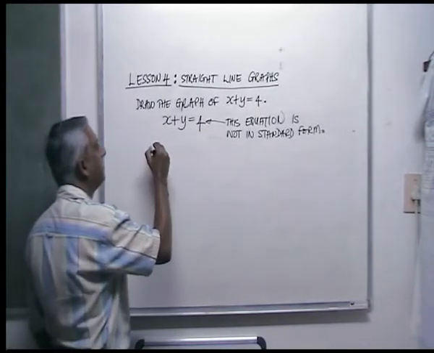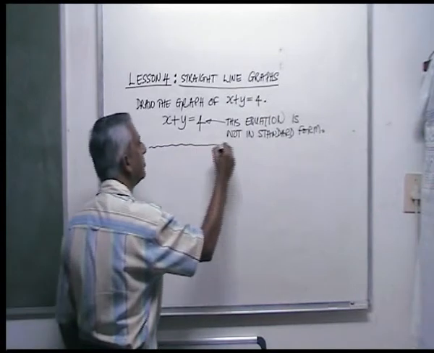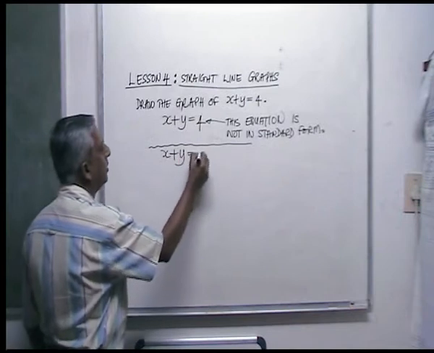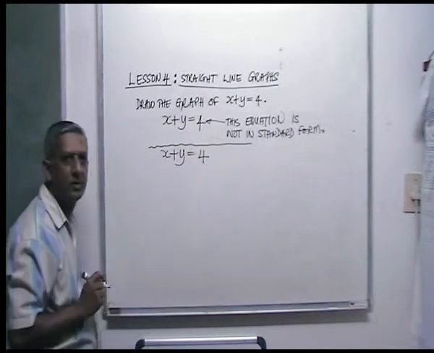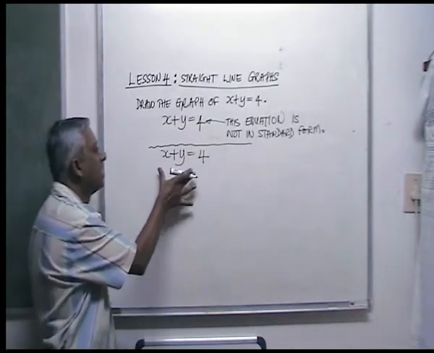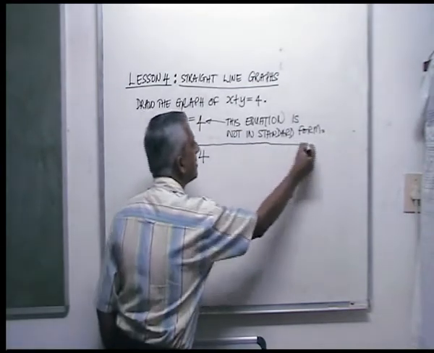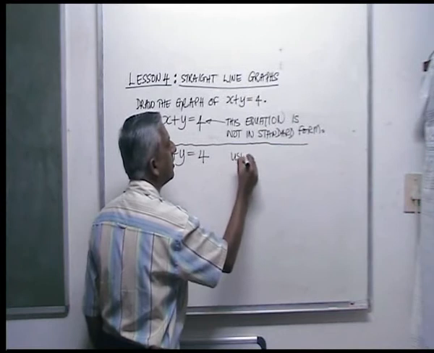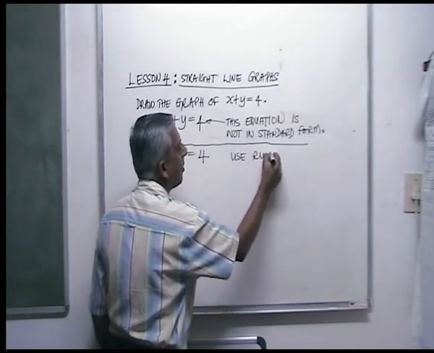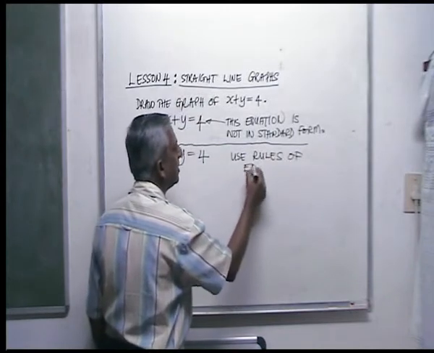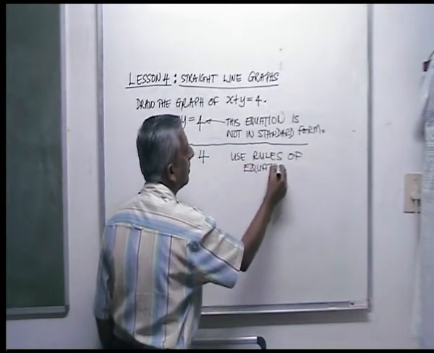So what do we do? We take the equation x plus y is equal to 4. And to bring an equation to standard form, all you do is use the rules of equations.